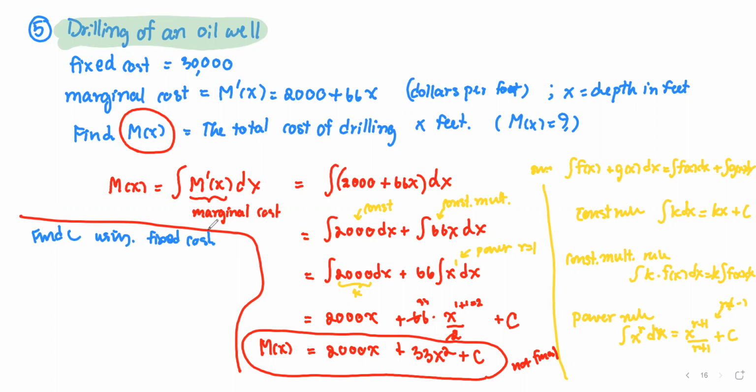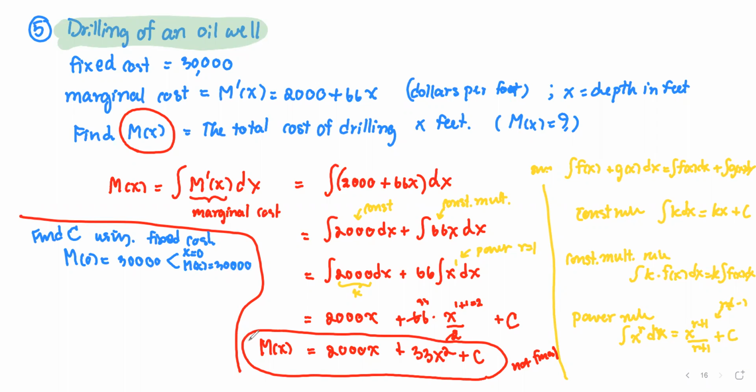The fixed cost means M at 0, the total cost at no depth in feet. So at the beginning of the process, the cost is going to be 30,000. Or when x is 0, M(x) equals 30,000.